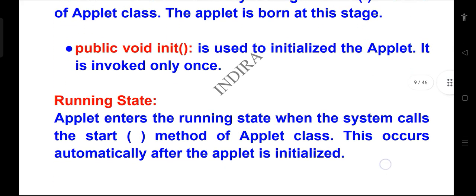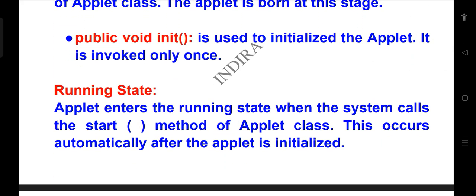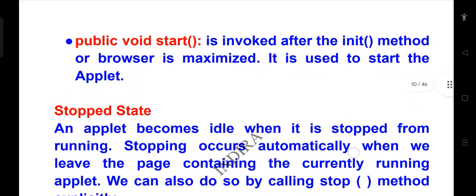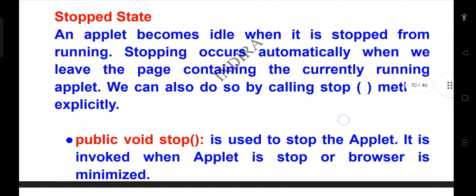The running state is when the system calls the start method of the applet within the class of the applet program, and this is the syntax of the running state. The stopped state happens after the running state, and stopping occurs automatically when the program executes.